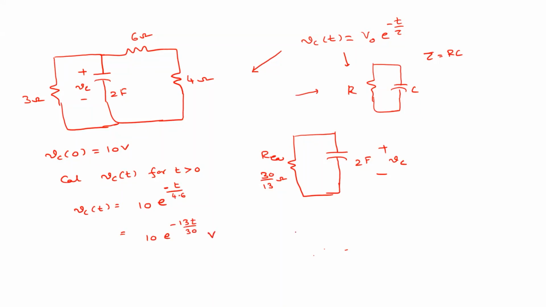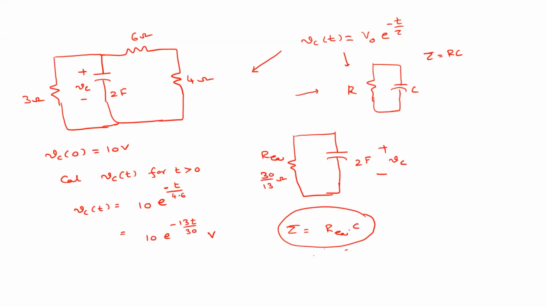So that means this tau can be written as R equivalent into C, yes? E power minus 13 by 16, sir. Why 60? Tau is equal to RC, sir. R into C, R is 13 by, yeah, 13.